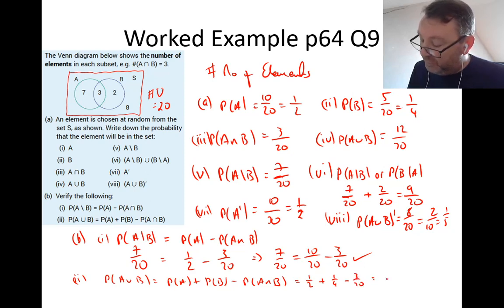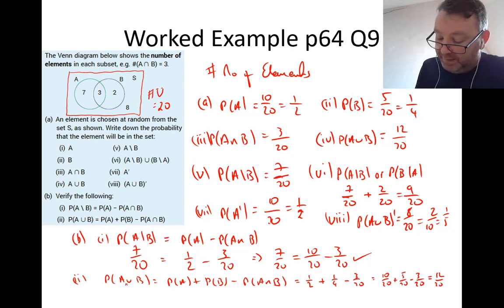Okay, so a half is 10 over 20. A quarter is 5 over 20, minus 3 over 20. Excuse my writing. That gives me 10 and 5 is 15, minus 3, that's 12 over 20. Now, what's that?